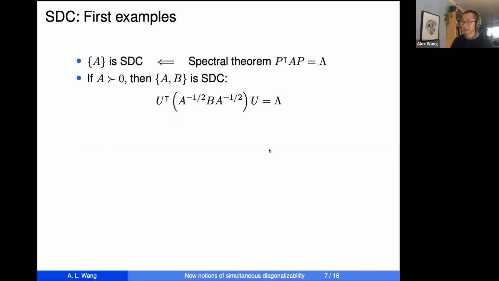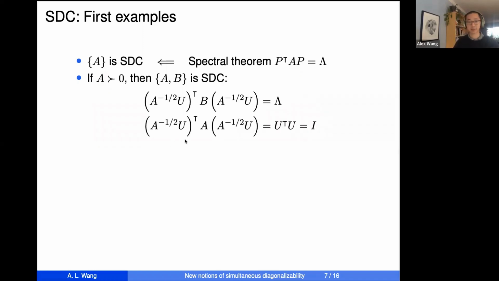Then, collecting these two terms and rearranging a little bit, I see that this A negative half times U matrix diagonalizes the B matrix. The thing to note here is that A negative half times U is going to be invertible, because A is invertible and U is orthogonal, but it's not necessarily the case that this matrix is orthogonal again. Now I claim we're essentially done because A negative half U also diagonalizes the A matrix.